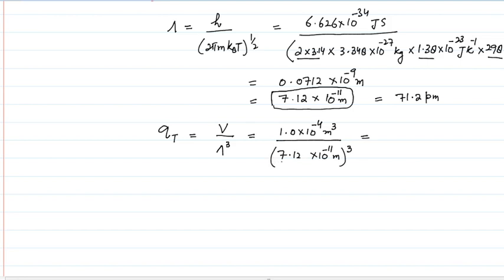So first we will solve this part, so it comes out to be 3.77 into 10 raised to power 26.